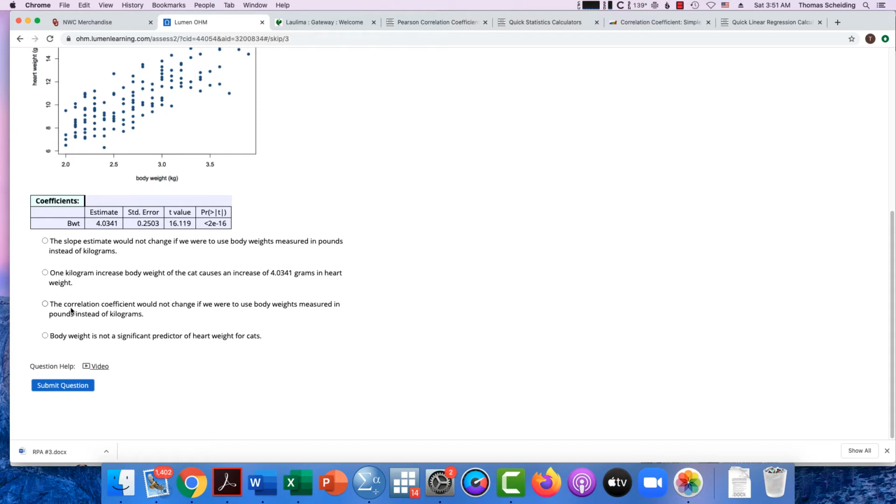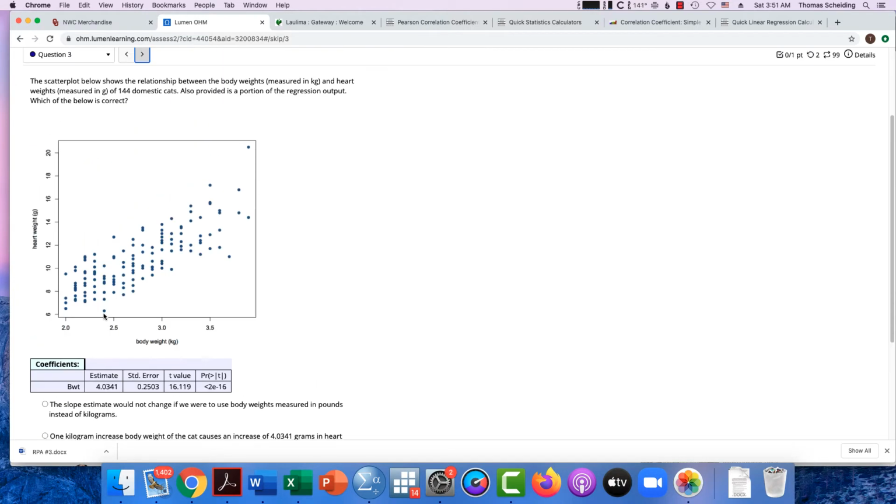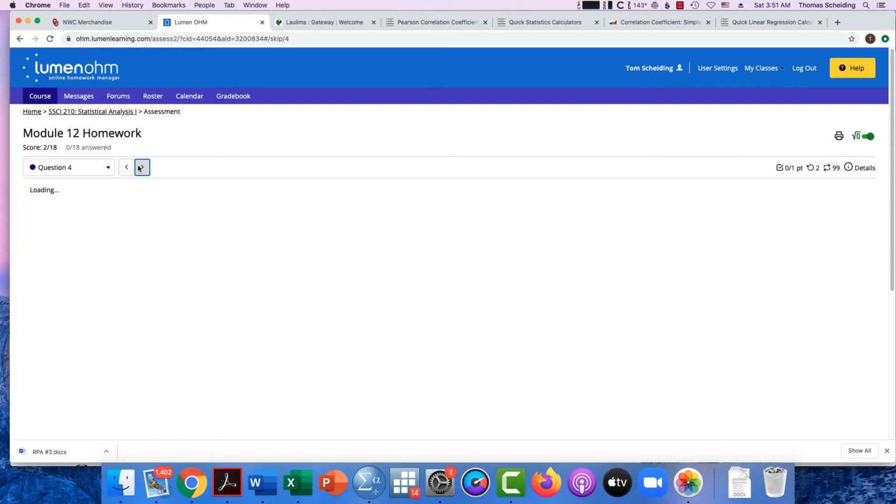So this is true, but let's look at the last one here. Body weight is not a significant predictor. But it is. We know it is because we can see that in our coefficients for the regression analysis. So I guess in this case I have given you the answer, but hopefully it helps you understand it a little bit more too.